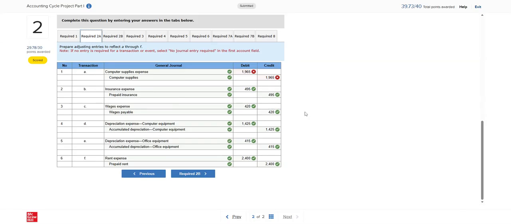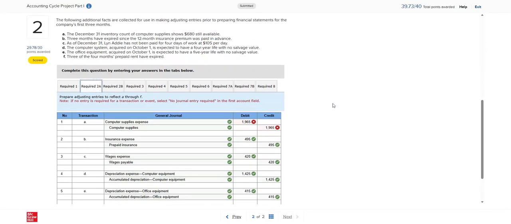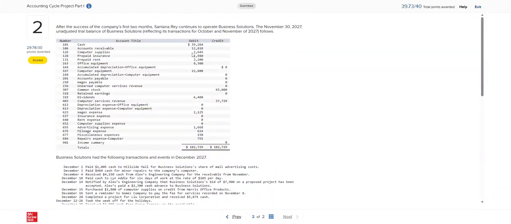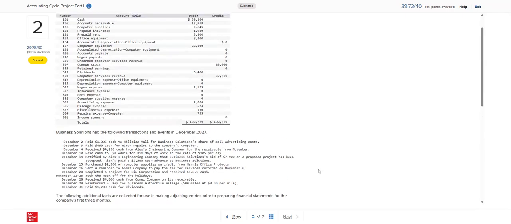Here I made an error. The correct equation is beginning supplies plus purchases minus ending supplies. Where I got this 1,965, which is not correct, is I started with the beginning supplies of 2,645 and subtracted the ending supplies. So that is incorrect. I forgot to add the purchases of the computer supplies.